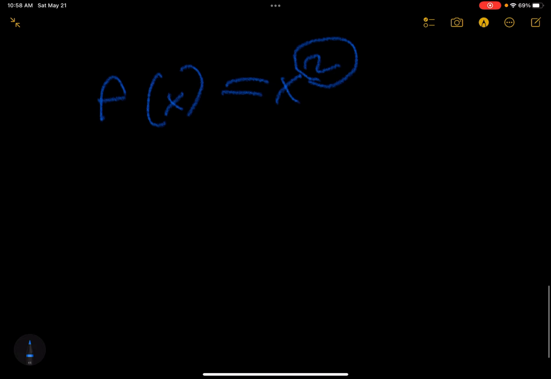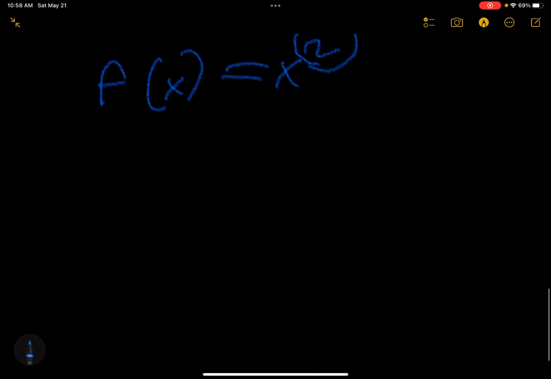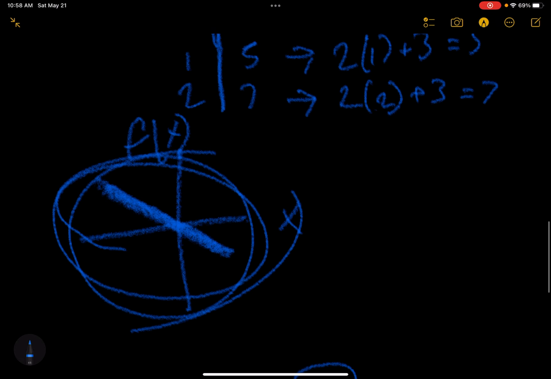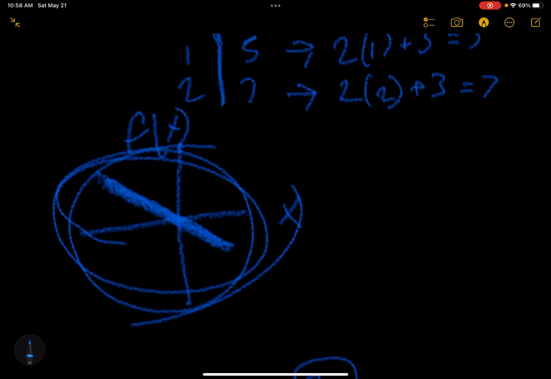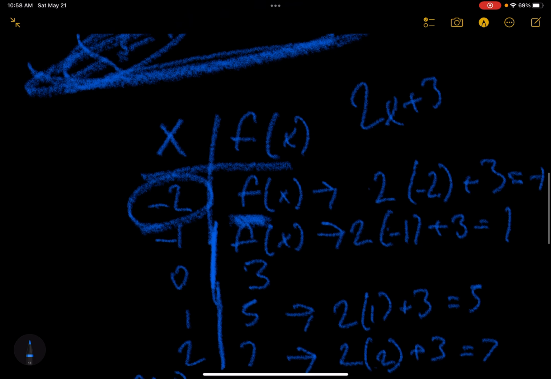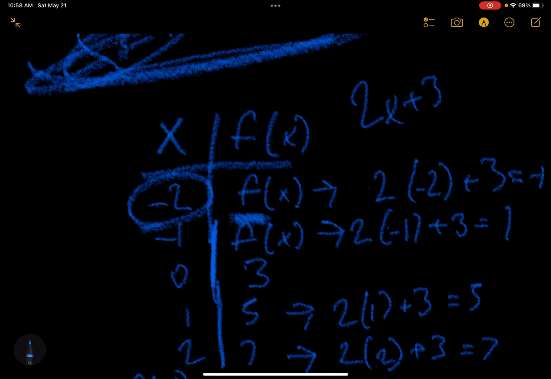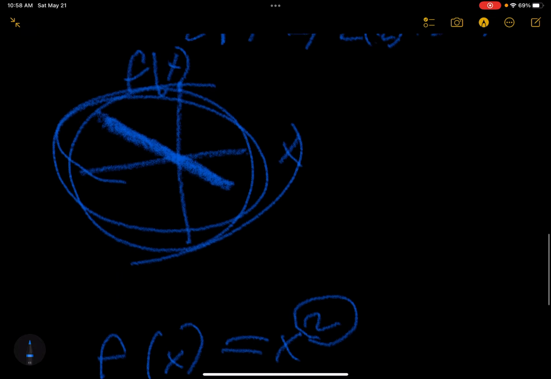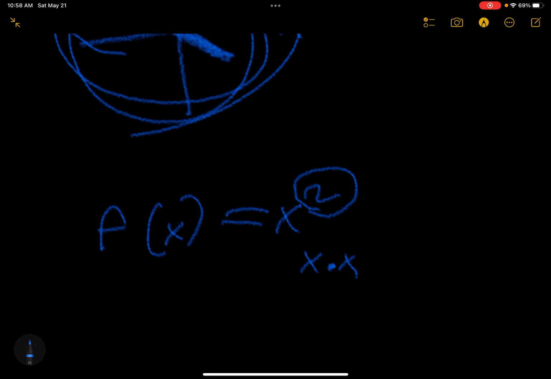In our case, we have x to the power of 2, so x times x. Even if we have a negative x or a positive x, we will always get a positive y, because a negative times a negative is a positive, correct?